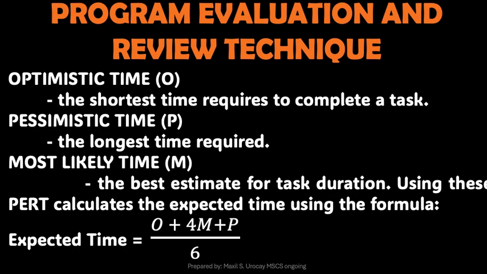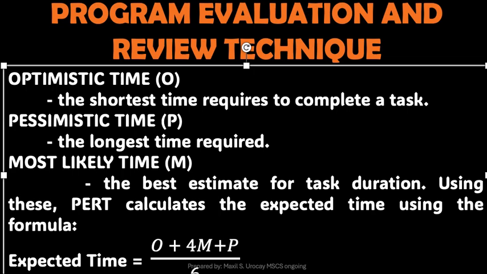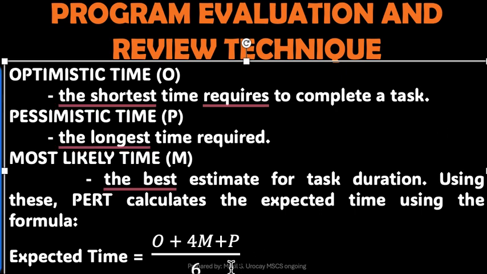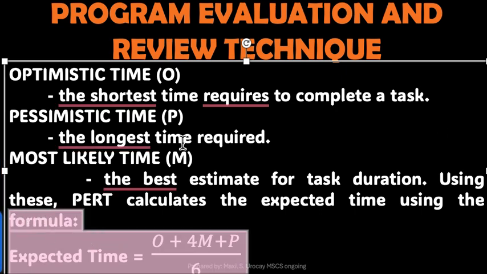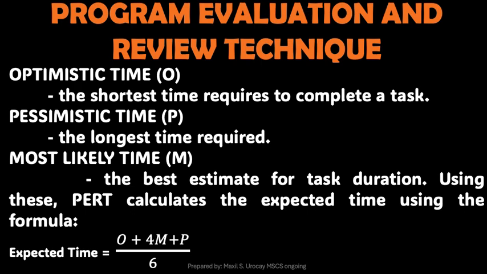Using PERT, it will calculate the expected time using the given formula that we have right here. This is somewhat of an easy class because there will be a given formula which we will follow: the optimistic time O plus 4 times the most likely time M plus the pessimistic time P, over 6.